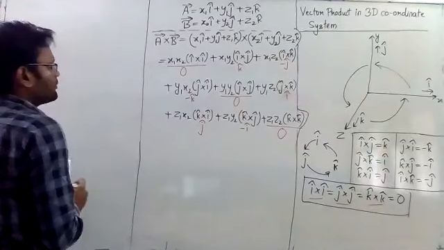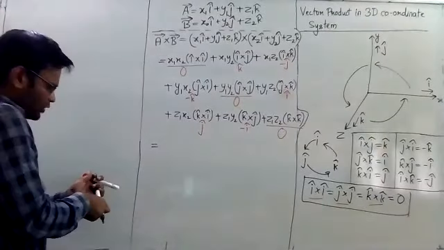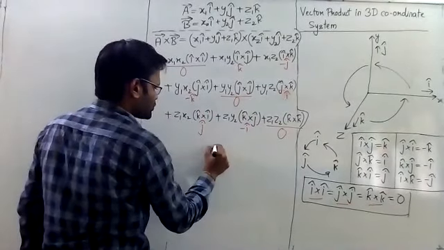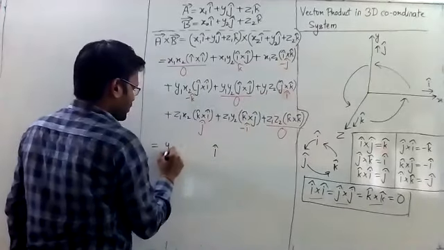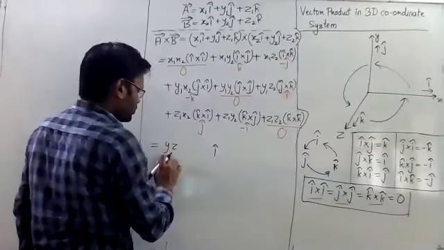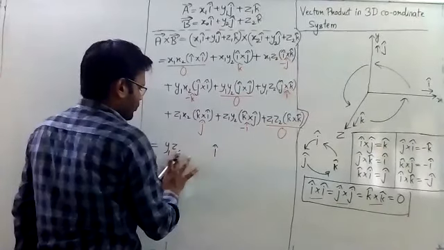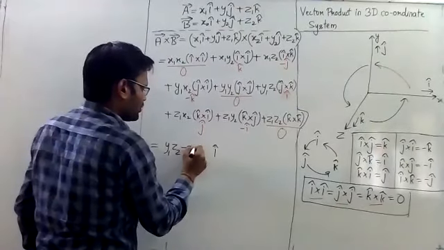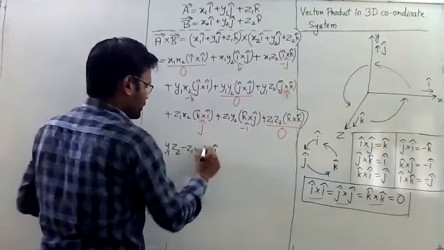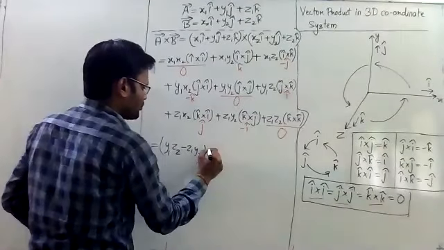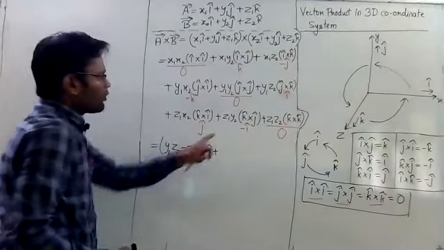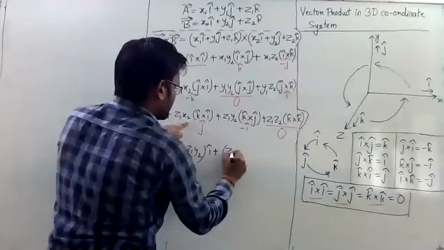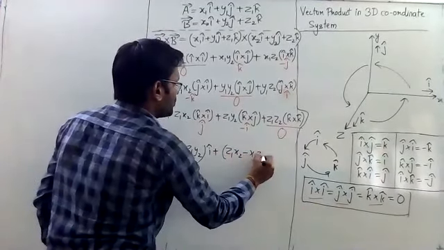So let's see what we are getting. First I will put the coefficients of I cap. Coefficient of I cap is Y1 Z2 minus Z1 Y2. Plus the coefficient of J cap, which is Z1 X2 minus X1 Z2, J cap.